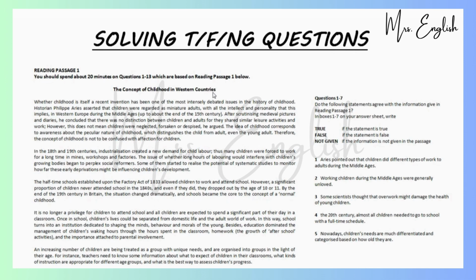As soon as we start this section, we must skim through the passage and highlight so that we know which topic is mentioned in which paragraph. Okay, so let's start. Whether childhood is itself a recent innovation has been one of the most insanely debated issues in the history of childhood.